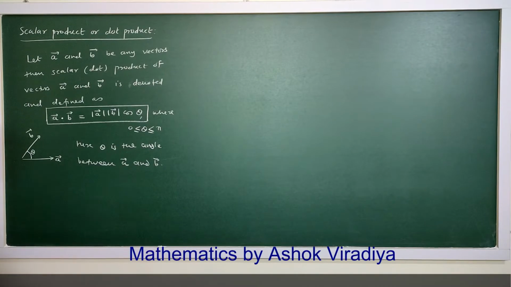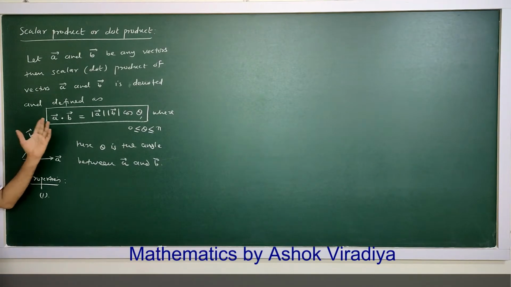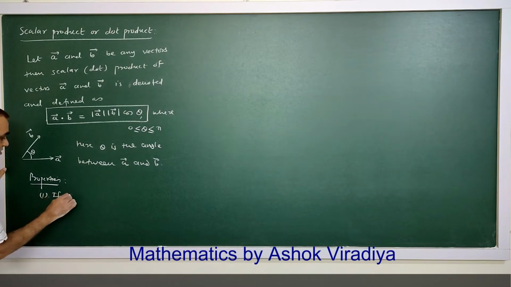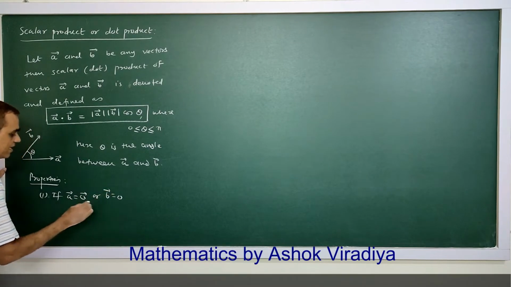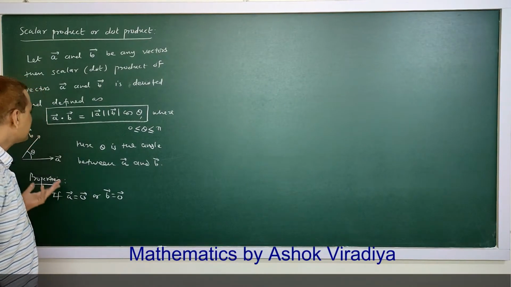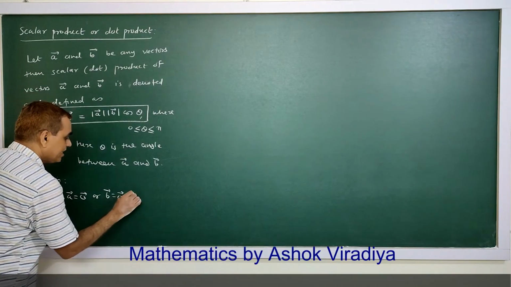Now see, we discussed properties. If A bar is a 0 vector or B bar is a 0 vector, anyone from A bar or B bar is a 0 vector, then theta is not defined.